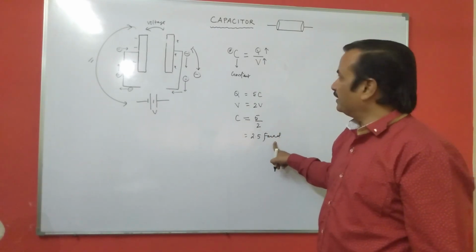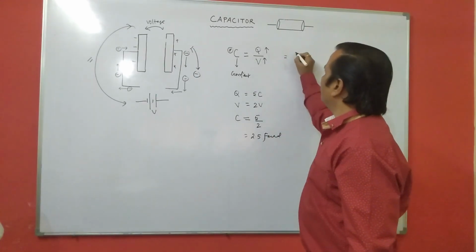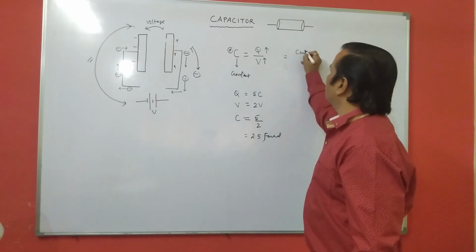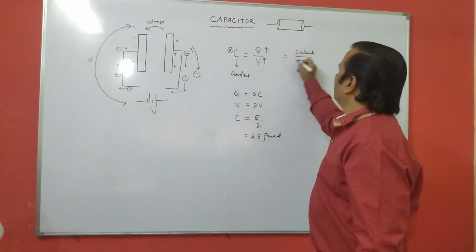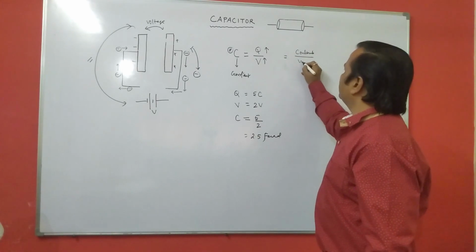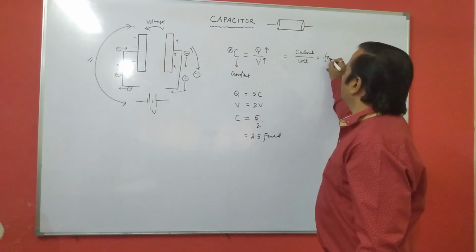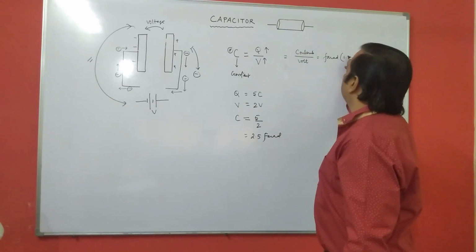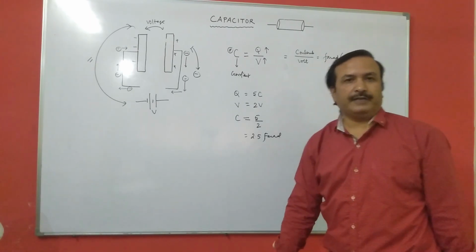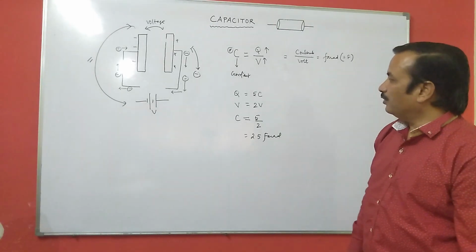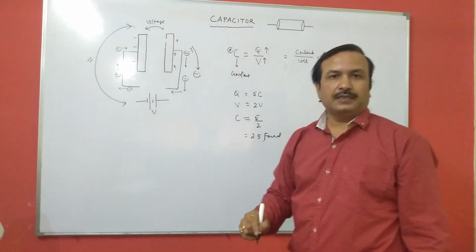Farad is the unit derived from Q in coulomb and V potential given in volts. This is equal to farad, named after the scientist Michael Faraday. This is how this works.